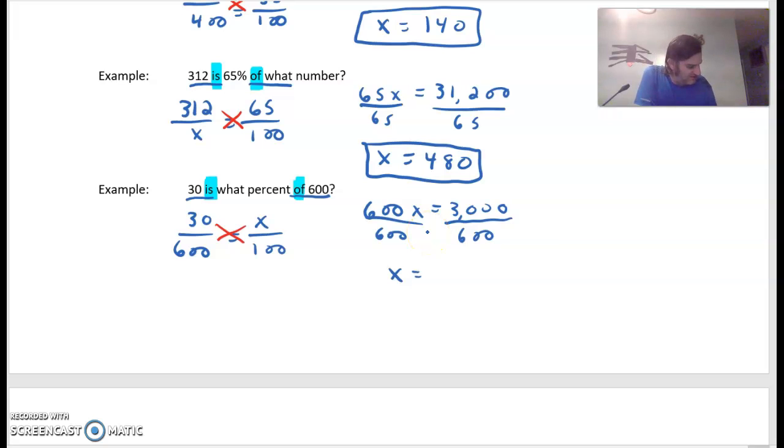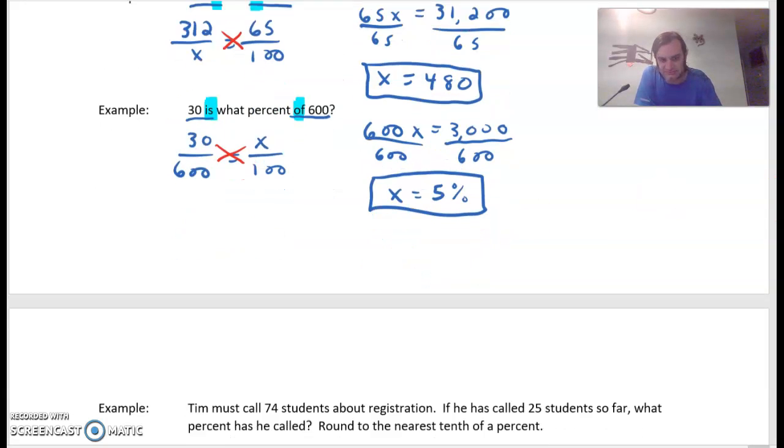So let me just double check that. 3,000 divided by 600, more like 5. 5, yeah. Good thing I checked. So 30 is 5%. So let me put that percent with it. So 30 is 5% of 600. Okay. Going good, I think.